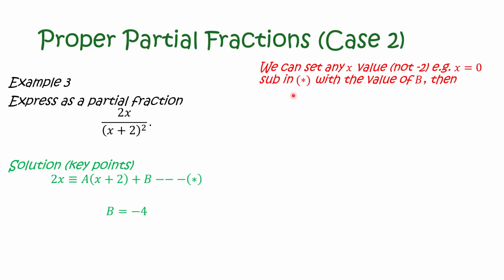In this case, we are going to use x equals 0. We sub it into equation star with the value of B. Then we obtain 2 times 0 is equal to A times (0 plus 2) minus 4, so that we get 0 is equal to 2A minus 4, and the A becomes 2.